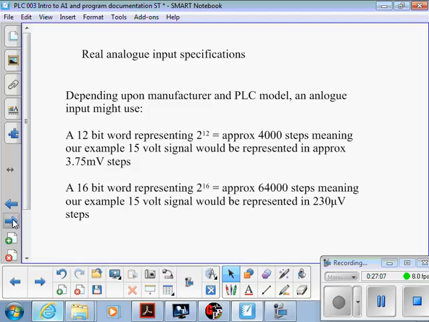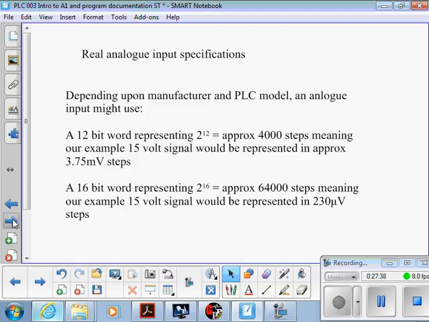If we go up to a 16-bit word, we then get 64,000 combinations in our binary word, and therefore our 15 volt signal could be represented in 230 microvolt steps. So our quantization error is considerably reduced each time we add an extra bit to the word that is involved in representing it.